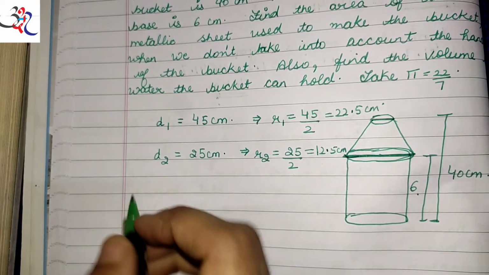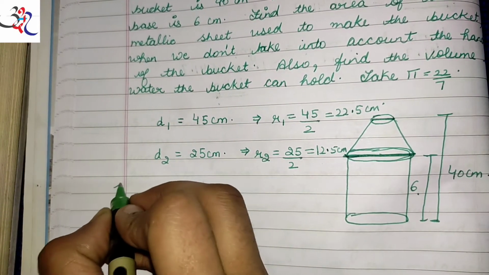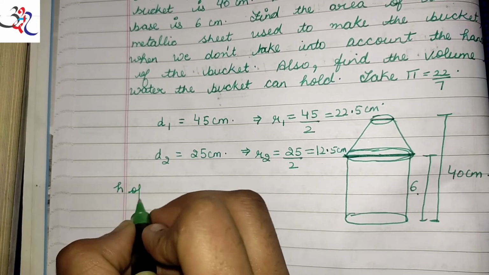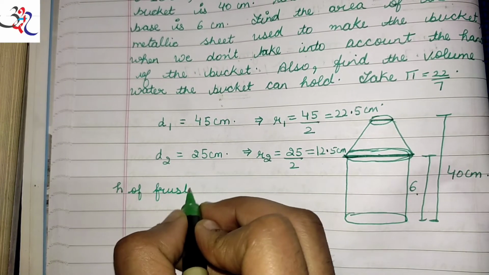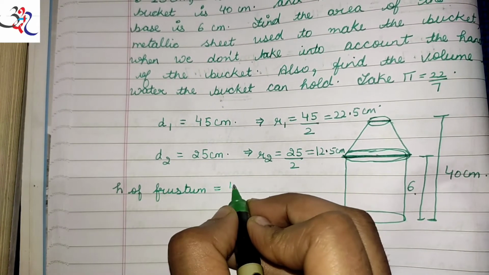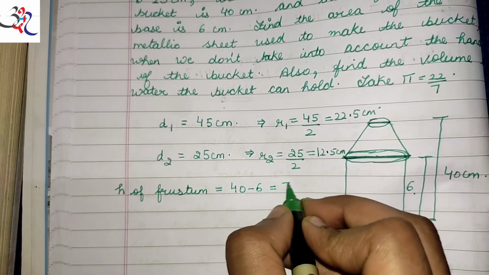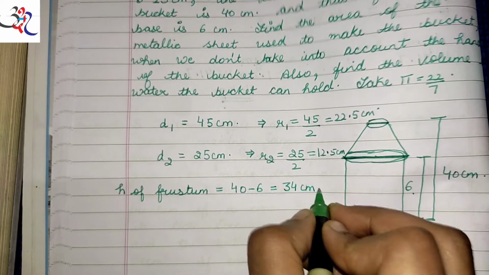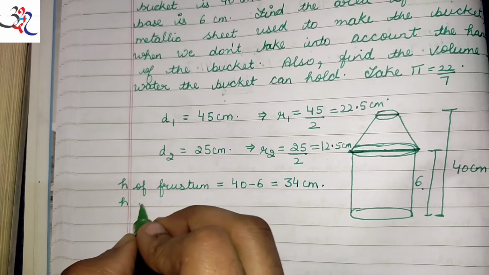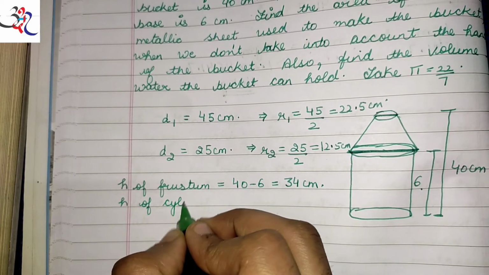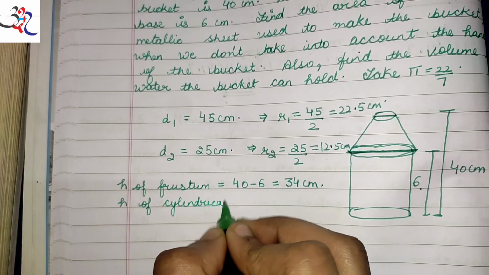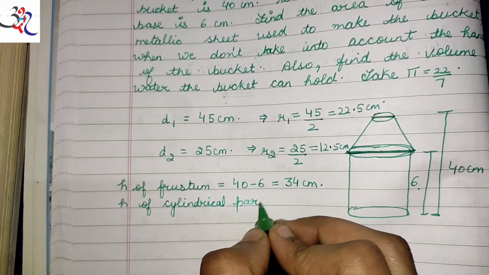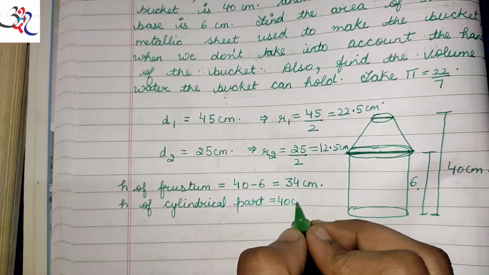Now write down the height of each of the individual solids. The height of the frustum will be 40 minus 6 equal to 34 centimeter. And the height of the cylindrical part will be equal to 6 centimeter.